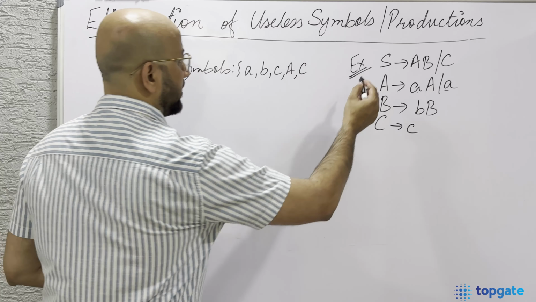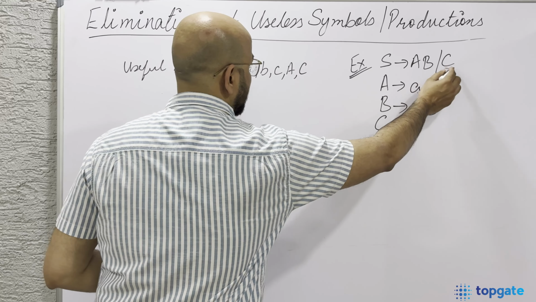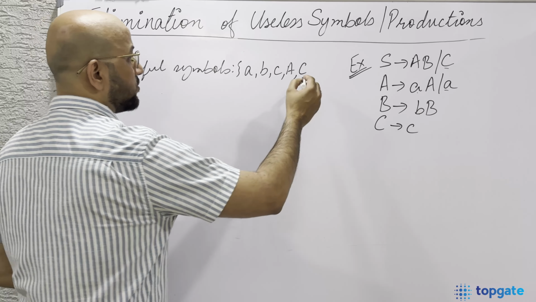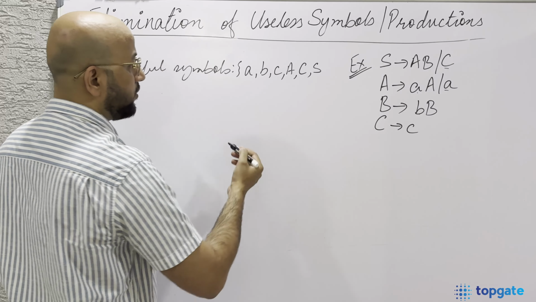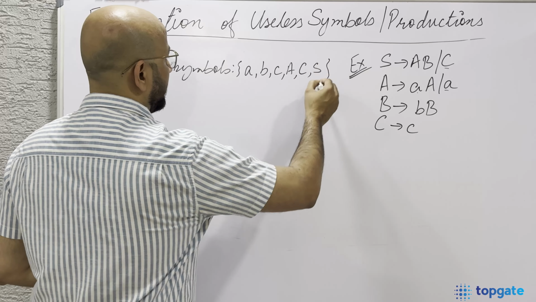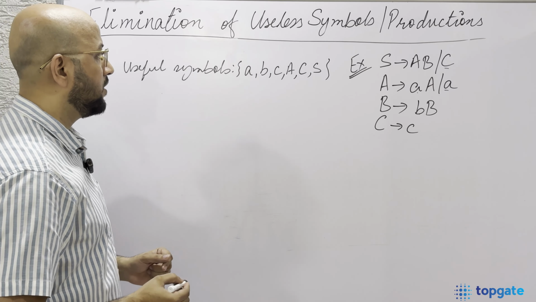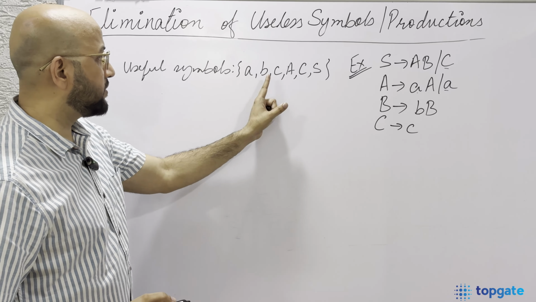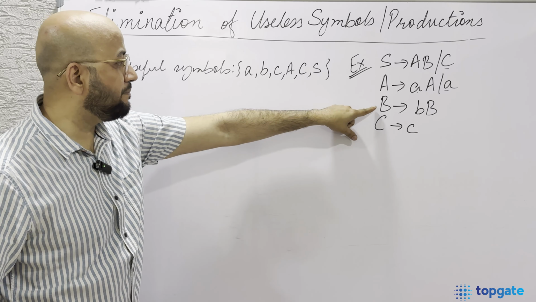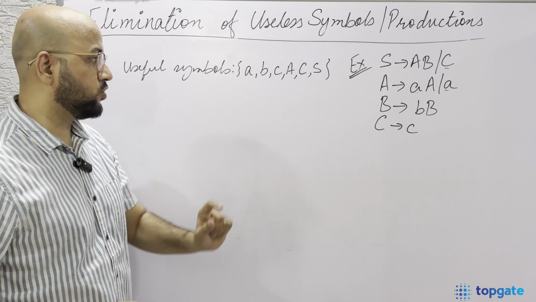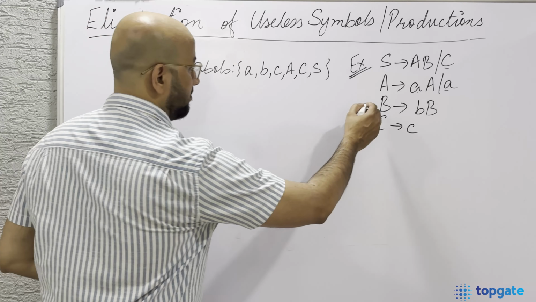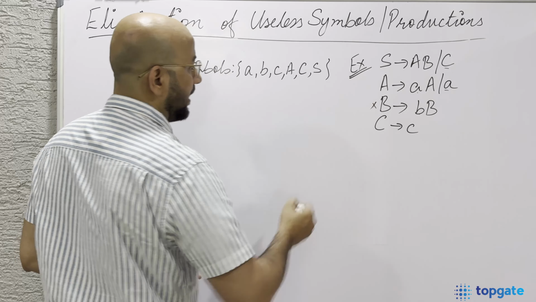And S, since S is deriving C, which is in the category of useful symbols, is also a useful symbol. So out of these S, A, B, C, only B is not a useful symbol, otherwise all are useful. So B is my useless symbol, hence this has to be eliminated.